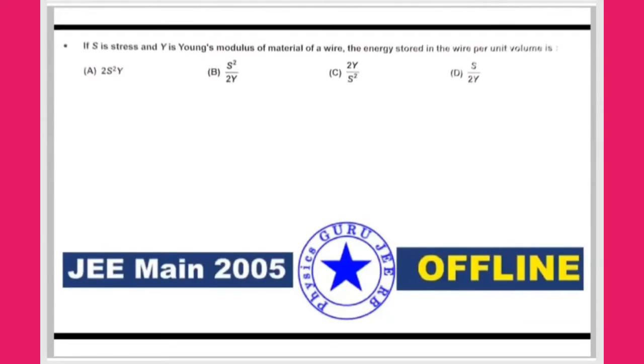Okay, next moving to the 2005 offline question. If S is the stress and Y is the Young's modulus of the material of the wire, we want the energy stored per unit volume.